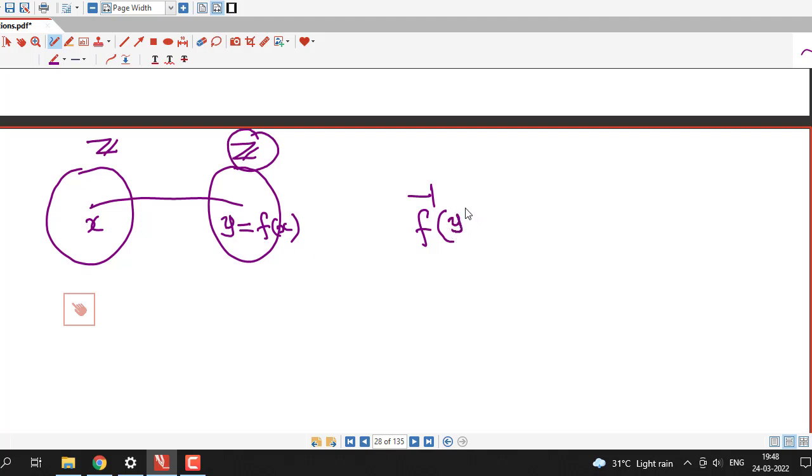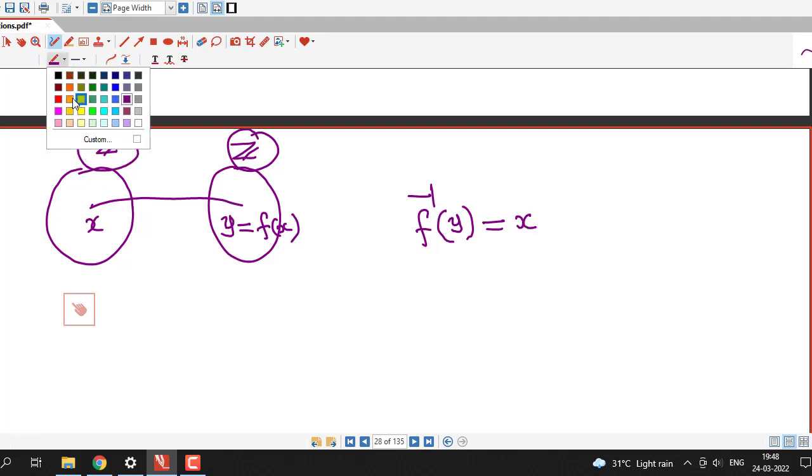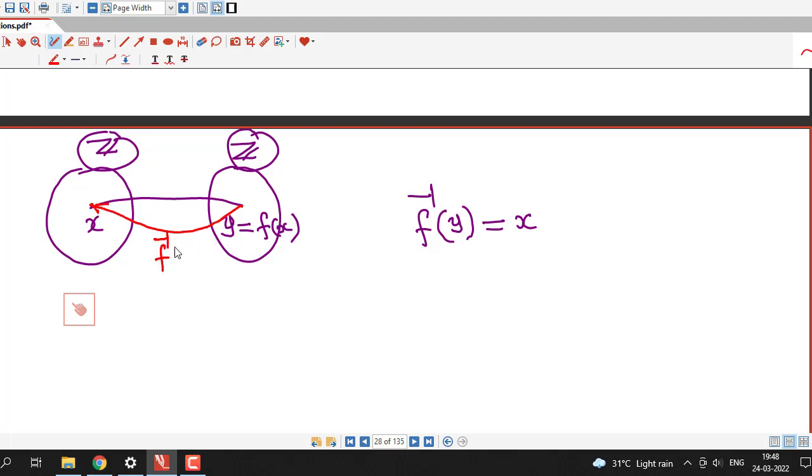So we are interested in the value of f inverse of y. Suppose f inverse of y is equal to some element x from the domain. If x has image y, then suppose image of y is x, then we can say that f inverse of y will be equal to x.